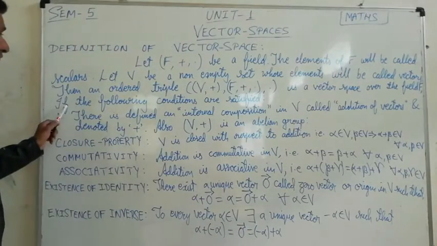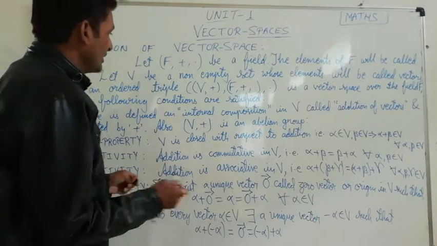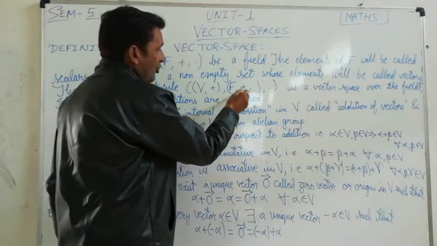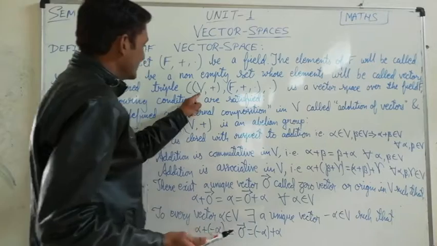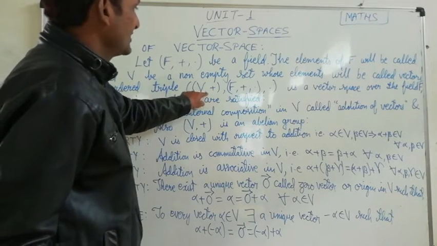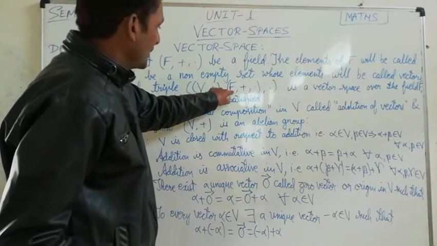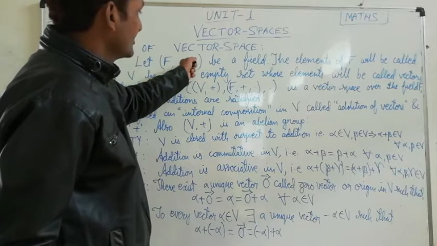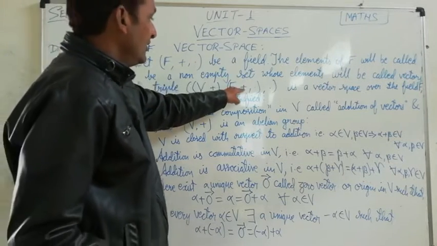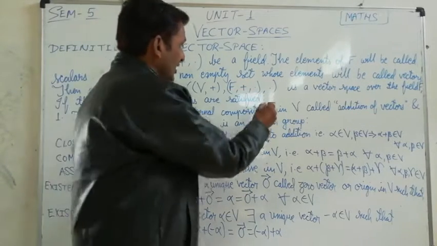Then the ordered triple (V, +, F, +, ·) is considered: V is the non-empty set of vector elements with plus, and F is the field whose elements are considered as scalars, with plus and dot.